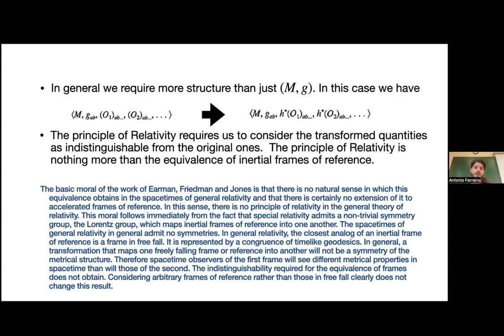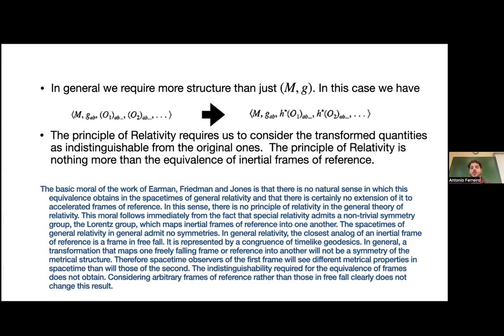We start on the left-hand side with some manifold structure, some metric structure, and then some other kinds of tensors. These tensors can be the stress-energy tensor, electromagnetic fields, mass distributions, whatever you think. And then when we use these invariant transformations that leave the metric invariant, of course, it transforms the different extra structure that we have added.